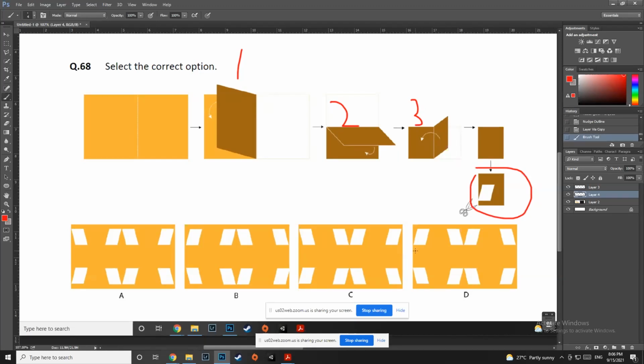B and D. And we know that it is this part of the question, isn't it? So in the options only, we can see that D is not in the correct angle, D is wrong. B is not in the correct angle, B is wrong.